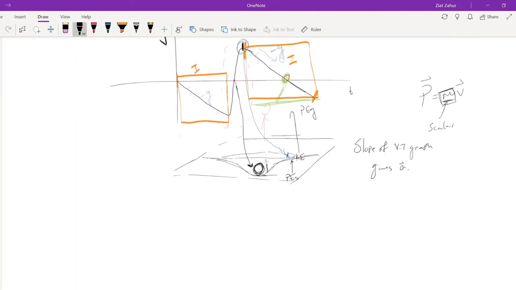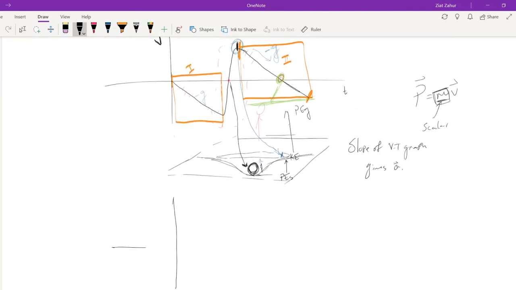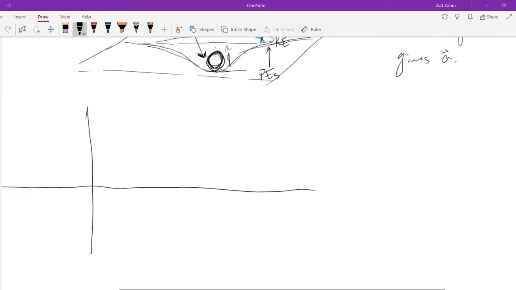So if I were to use this graph, it starts from 0, and then it goes down to -4 meters per second after 0.4 seconds.